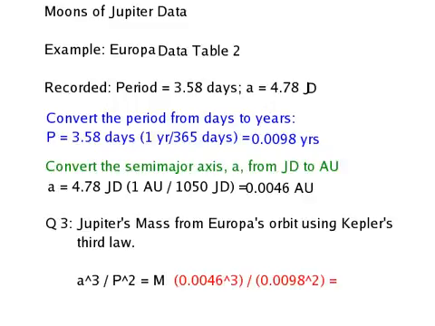It's a little bit tricky to punch into the calculator, depending on what kind of calculator you have. The calculator I've got is not cooperating. Let me grab my other calculator. You could just calculate the cube of one number and write that down, then calculate the square of 0.0098, write that down, and enter those by hand.